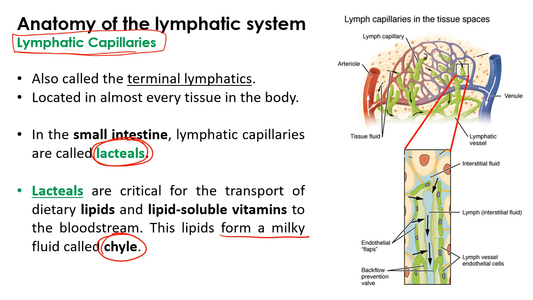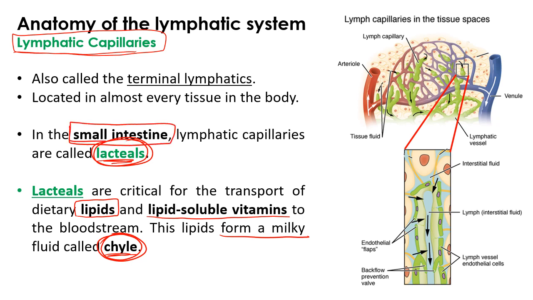Why is this chyle different from the clear fluid that we normally have in other vessels? The reason why this chyle turns white is because it's saturated with fat, with lipids and lipid soluble vitamins. The part of the digestive system that will have the majority of these lacteals is your small intestine.